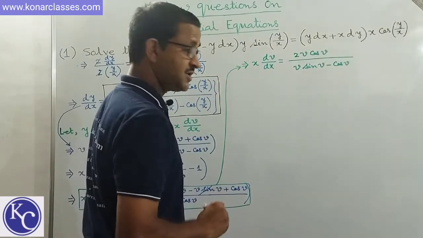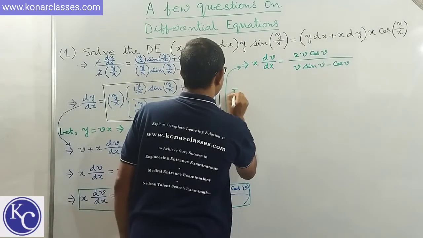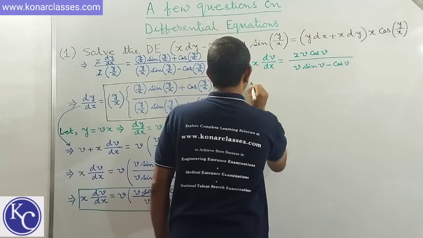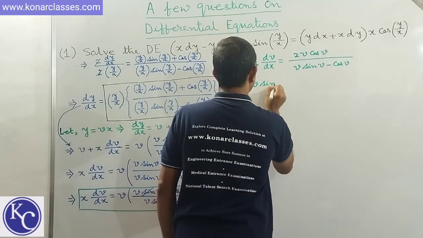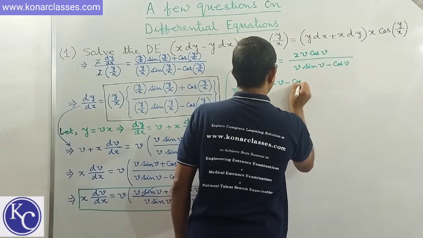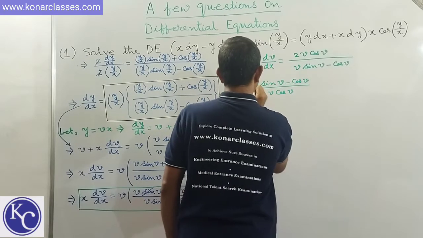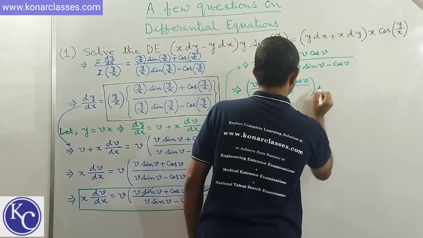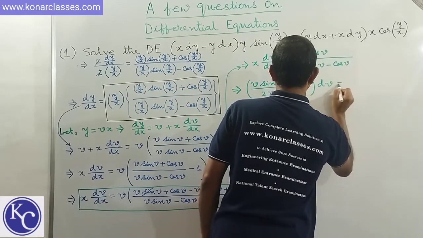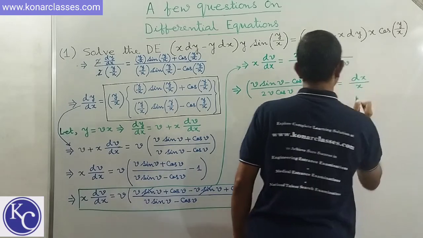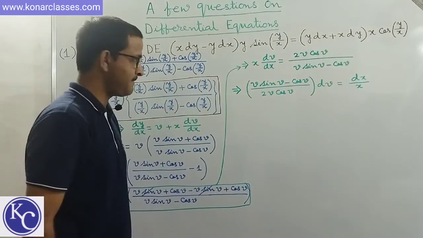So from here what you can write, dear students? If we take that v to the one side, that means (v sin v minus cos v) divided by 2v cos v into dv is equal to dx divided by x, correct?